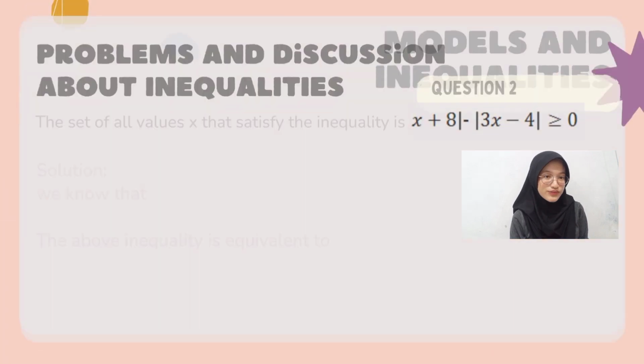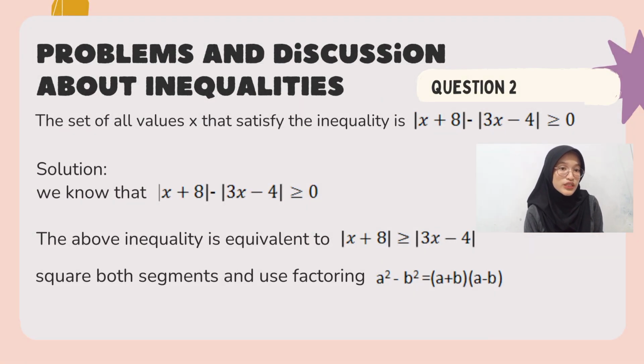Question 2. Problem about absolute inequalities. The question is: find the set of all values x that satisfy the inequality absolute value of x plus a minus absolute value of 3x minus 4 greater than or equal to 0. So the solution, first, we know that the absolute value of x plus a minus the absolute value of 3x minus 4 is greater than or equal to 0.